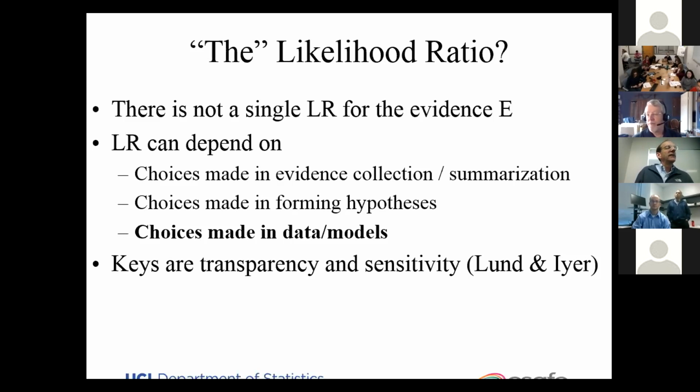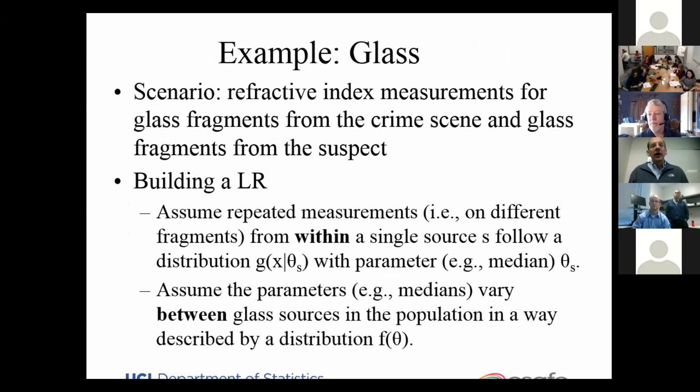And as they emphasize in the paper and in the presentation today, two key ideas, if you are advocating a likelihood ratio approach, are transparency and sensitivity. So I thought what I would do is talk a little bit about the example they use in the paper, because I thought it was very nice and very helpful, and then some of the lessons that I take from it for using the likelihood ratio.